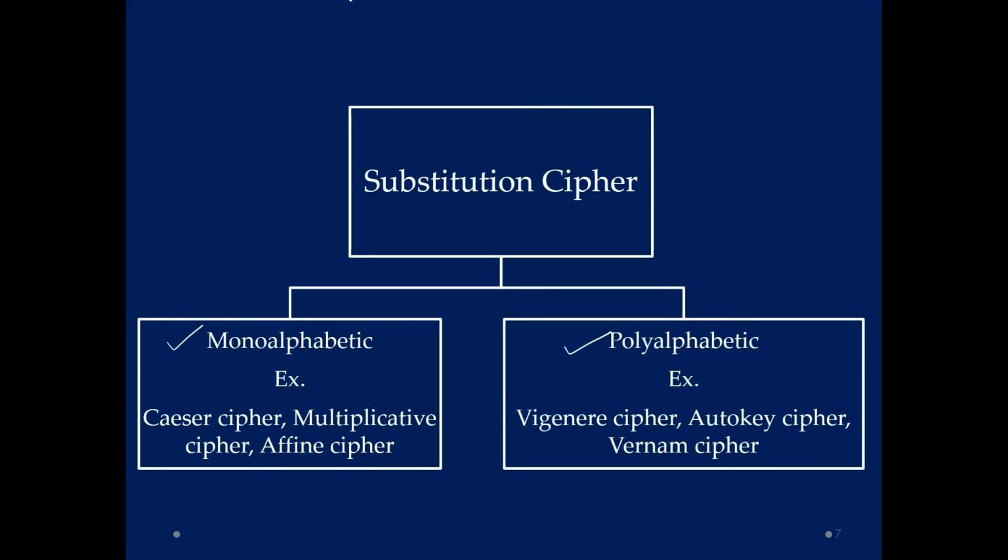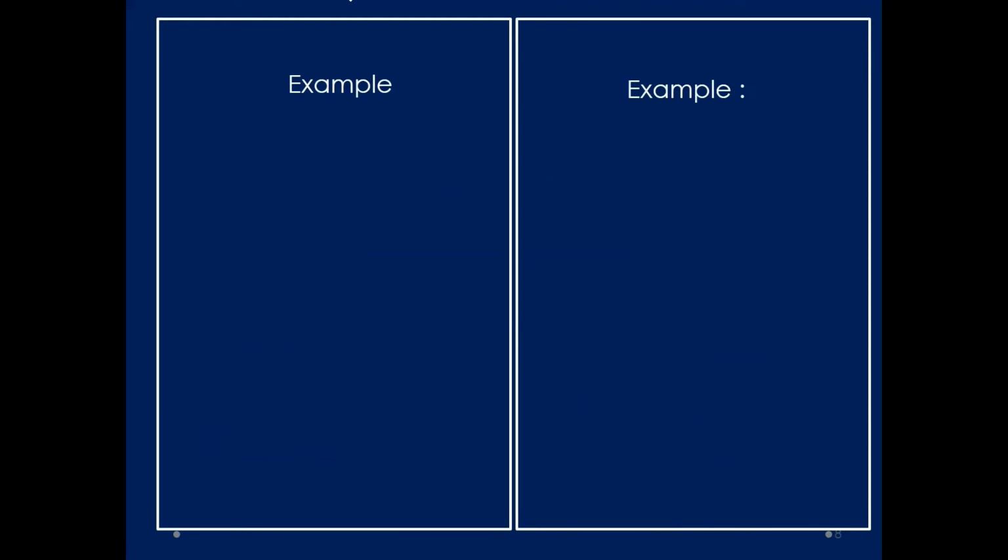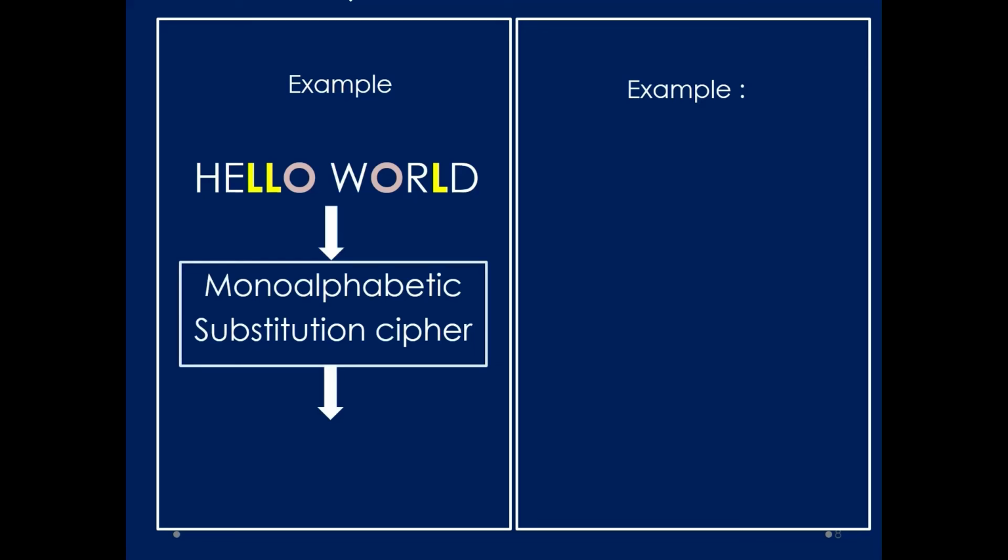Now let us discuss the detailed difference between a mono and polyalphabetic substitution cipher. Let us take an example again. Let me say there is the word hello world which I want to encrypt using monoalphabetic substitution cipher. As I told you, substitution cipher means each letter you are going to map to some different letter.